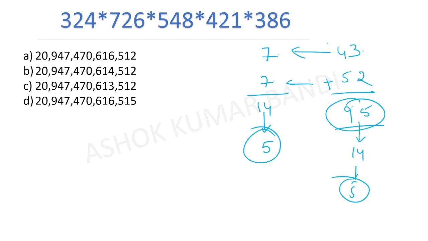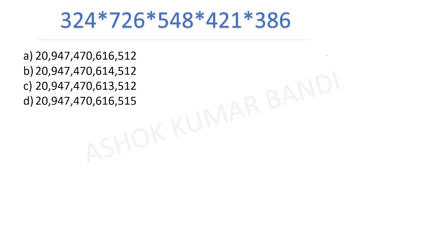So you just need to compare and check which of the options has the same root digit. I will give better examples. See here, for example, 123, 146, 157. I want to add all these numbers. So instead of adding the original numbers, add the root digits. 1 plus 2 plus 3, you got 6. 1 plus 4 plus 6, you are going to get 11. 11 means 1 plus 2, again 2.